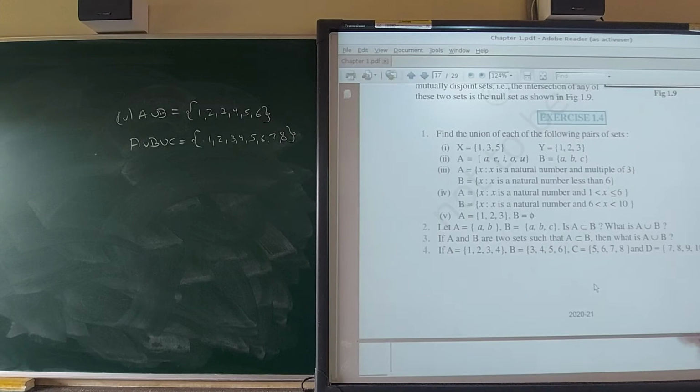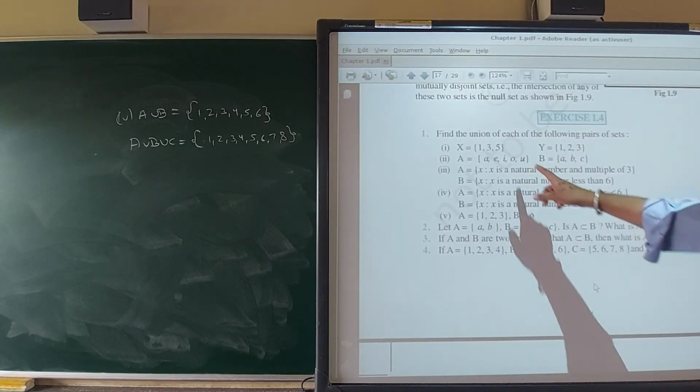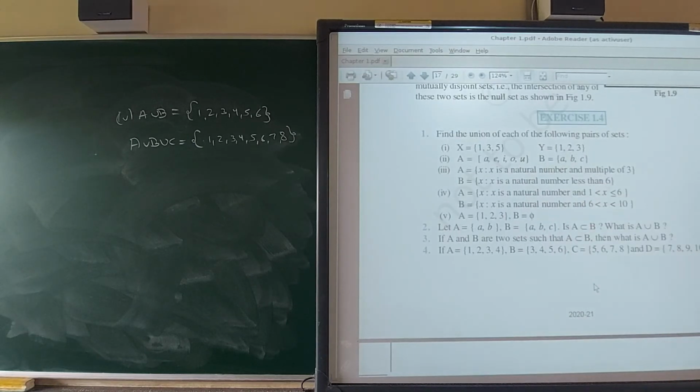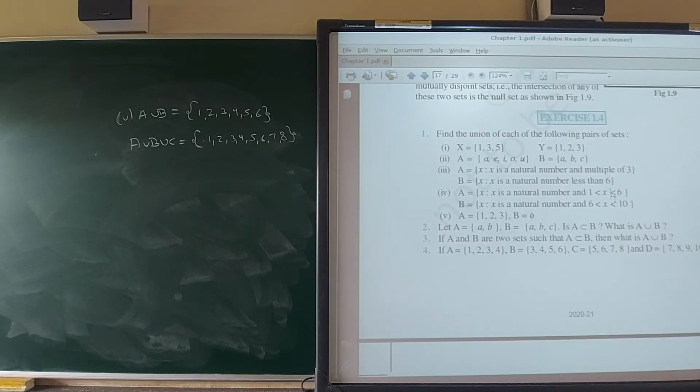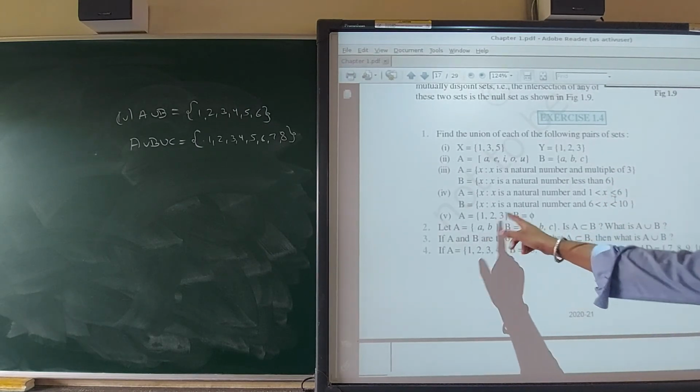What is the common here? 1 and 3. What is the common here? A. Here X is a natural number, multiple of 3 and less than 6; the common part is only 3. And here, 1 to 6 and greater than 6 means 7 to 10, so nothing is common. And here also nothing is common.